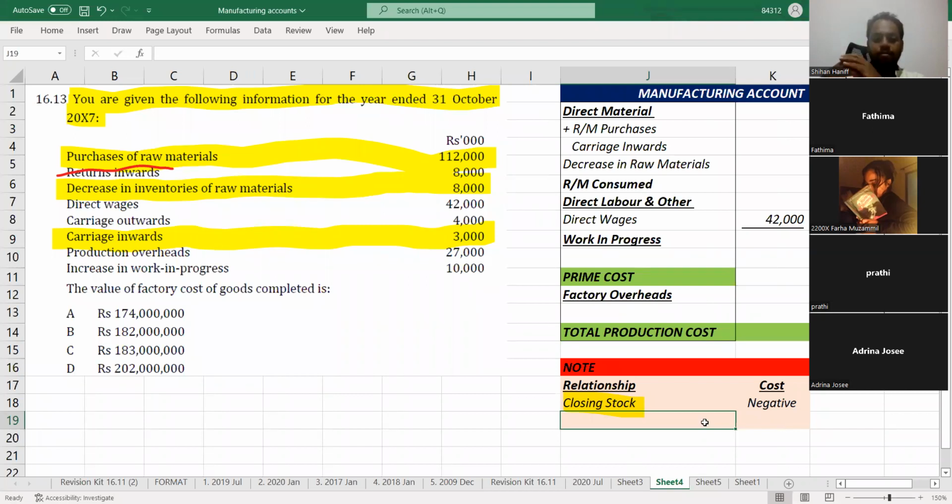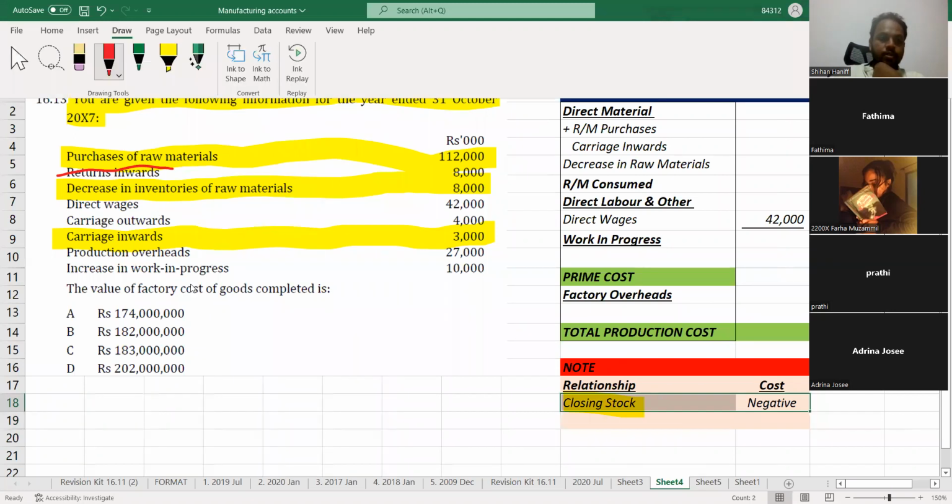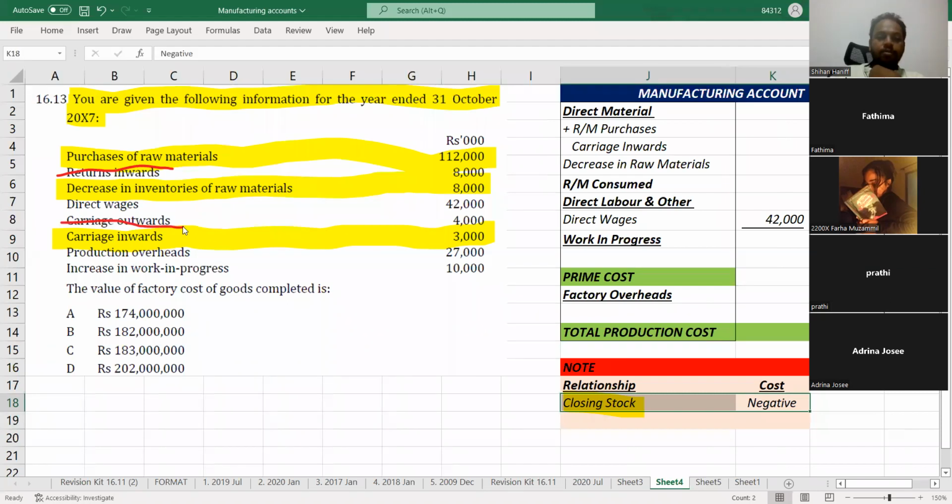Stock increase means cost reduce, and stock decrease means cost will increase. So there is a negative relationship. Opening stock, closing stock. And carriage outwards also won't come because it is a distribution expense.